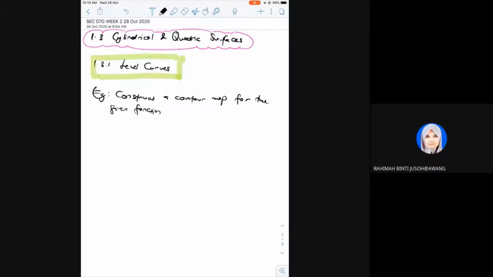Let's say we have f(x,y) equals to 25 minus x squared minus y squared using the level curves of height k equals to 0, 9, 16 and 25.